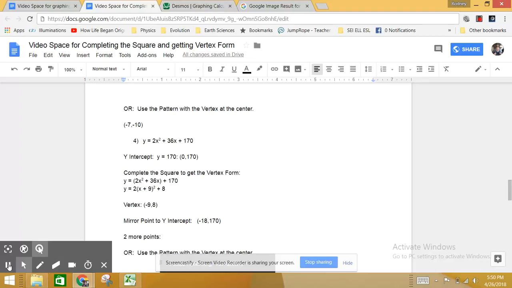So we're going to want to get 2 more points, and those 2 points, I'm going to pick something between 0 and -9, and -9 and -18. I'm going to pick something that's the same distance from the vertex on either side. So let's see.